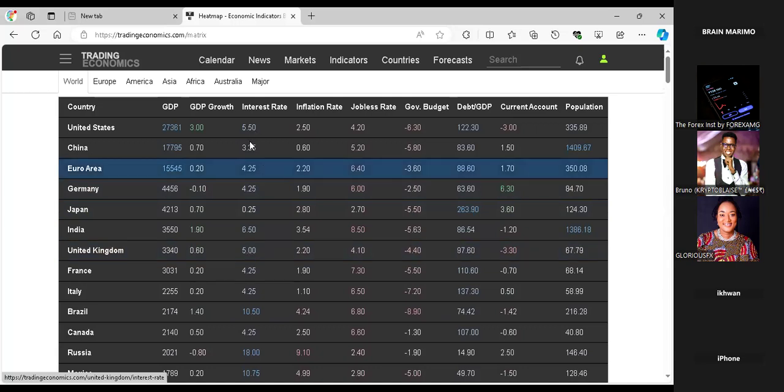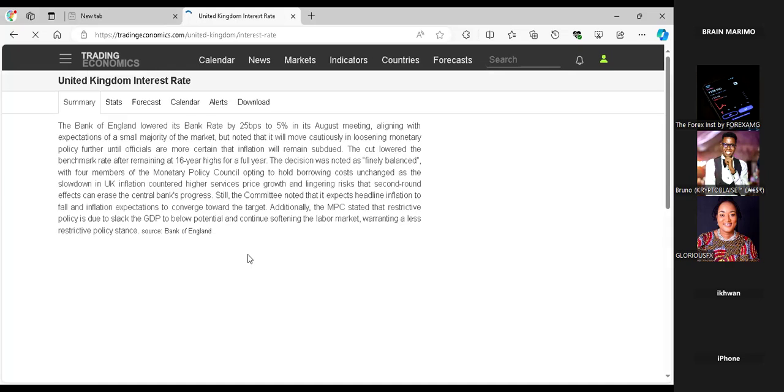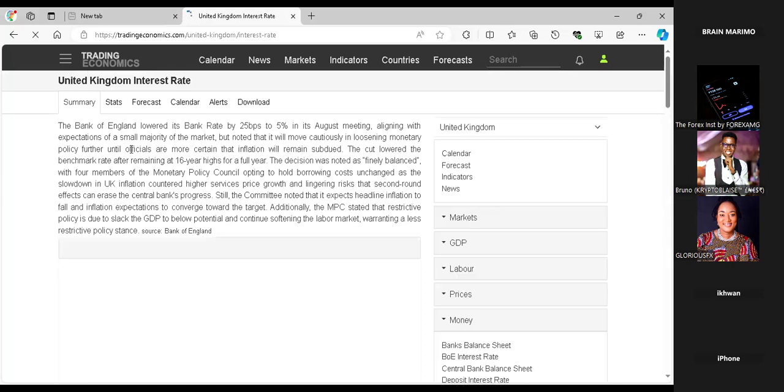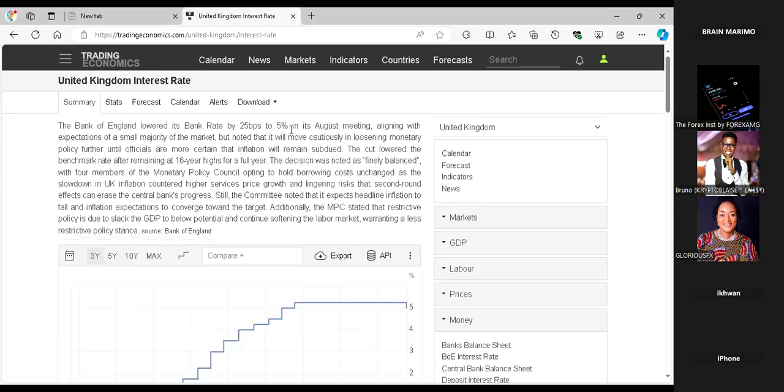And the pound, these guys haven't cut interest rates yet. Let me click on them. They haven't cut interest rates, if I remember well. The Bank of England lowered its bank rate by 25 basis points to 5% in August. No, they did. So they cut for the first time, just once.